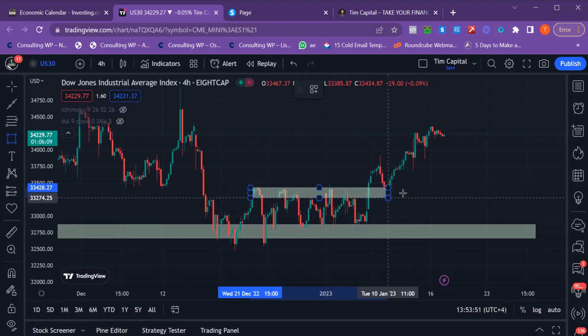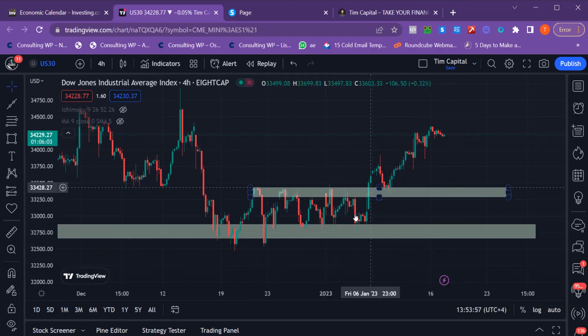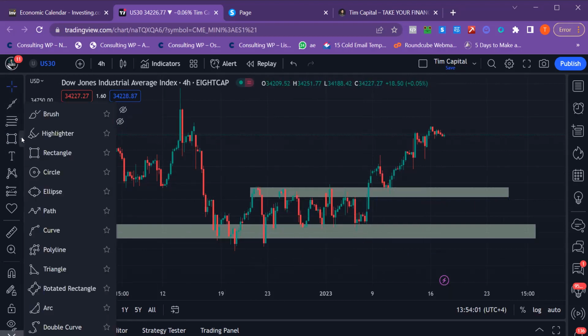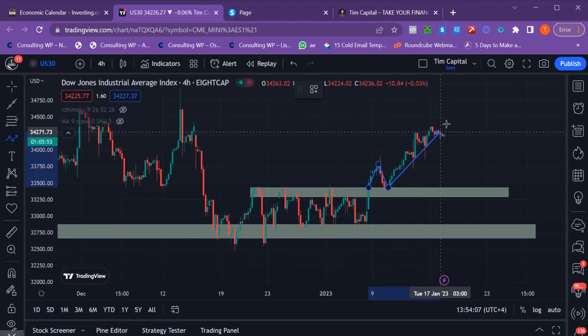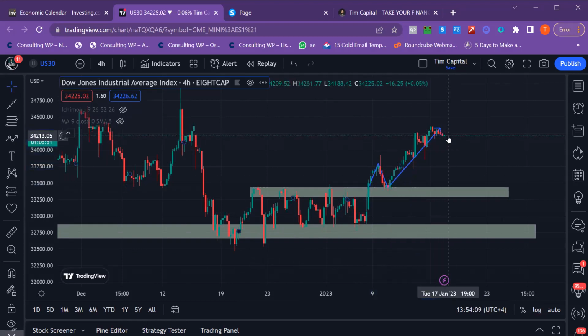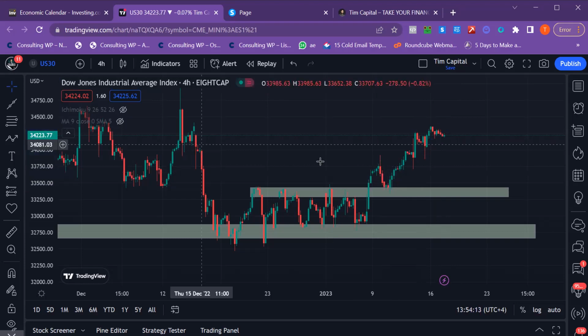So here the price was consolidating. There is some consolidation here, but then the price broke. You see, it's almost the same with what happened with the other one. The price broke here, it came to retest, and then it's going up. So I can see that on the 4-hour also, the price is going up right now.